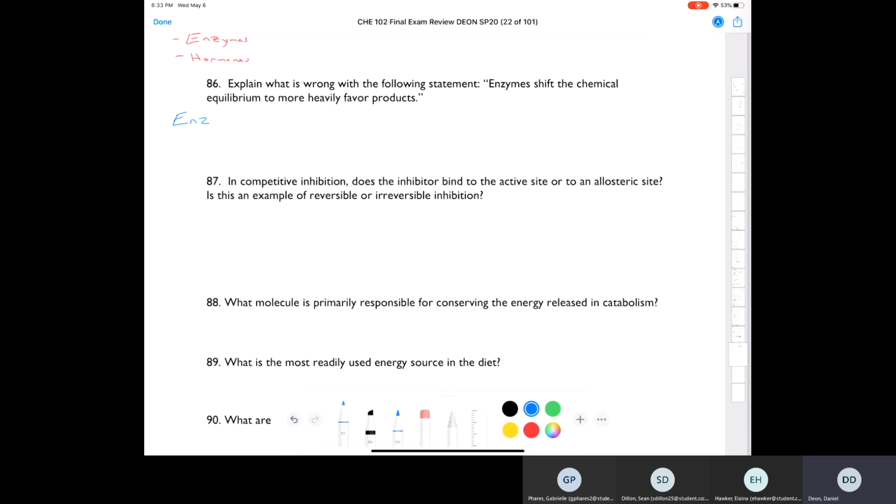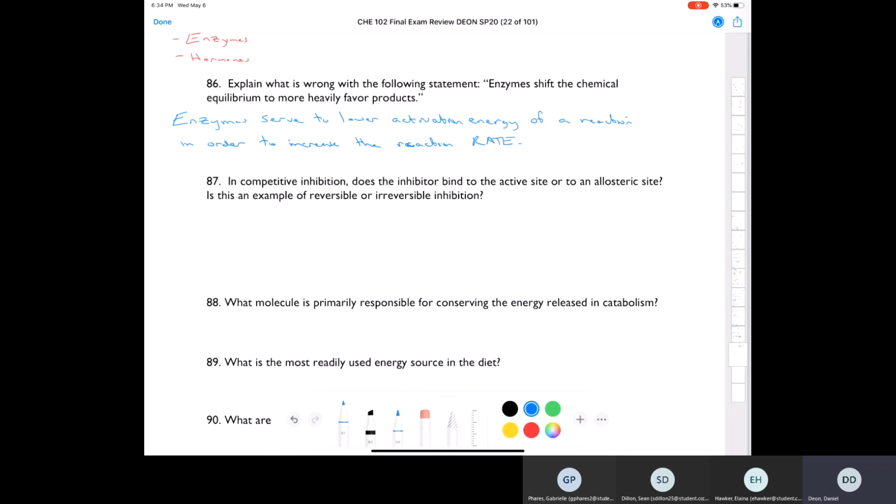So we'll put here, enzymes serve to lower what? Activation energy. And I know this is something you all learned in Chemistry 101, of a reaction in order to increase the reaction rate.